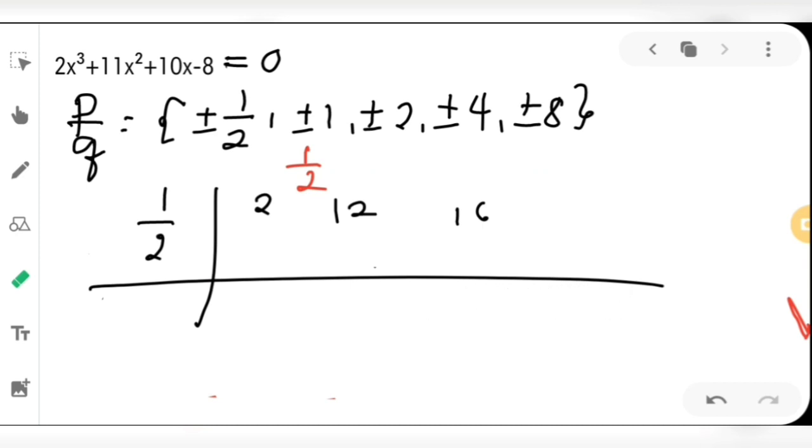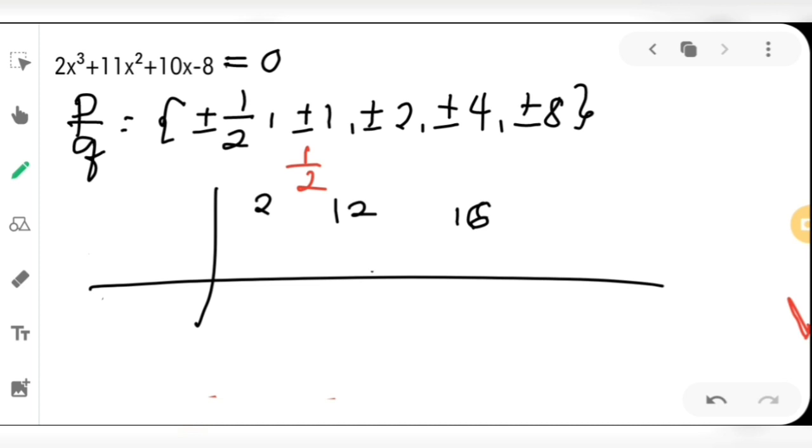Okay, bring down 2. 2 times 1/2 is 1. 12 plus 1 is 13. 13 times 1/2 is 13 over 2, or 6.5. Okay, so 1/2 has only a multiplicity of 1. So let us try another number.